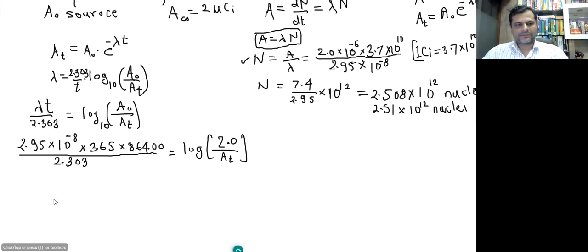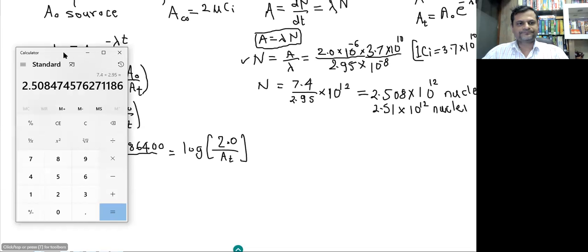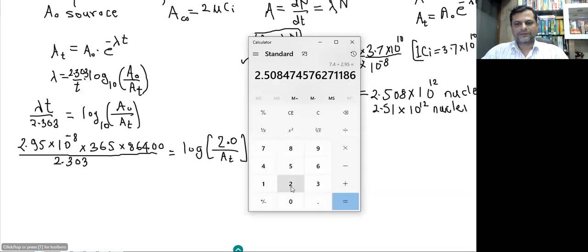2.95. So see here, this is okay. So 2.95 multiplied by 365. Okay, this is 365, and that is again multiplied by 86400, which happens to be 93031,200.